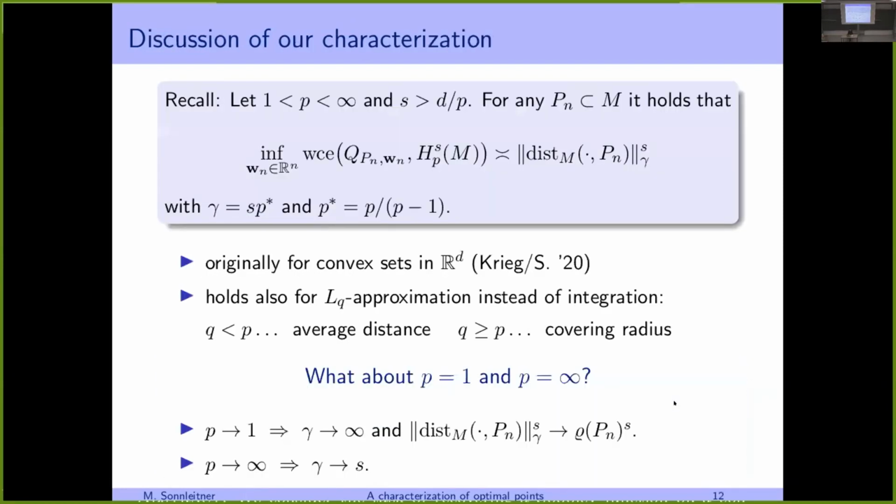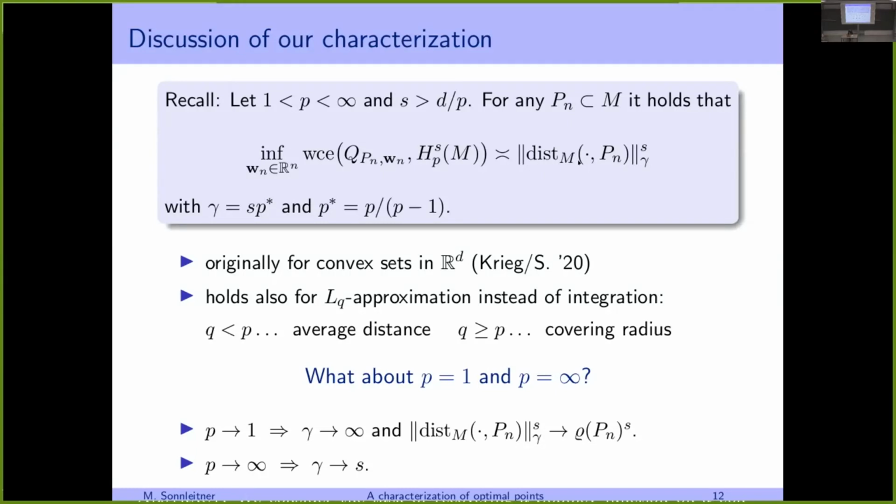So let me briefly discuss the result. Namely, we have the characterization here. Originally, in this precursor paper, we derived it for convex sets in R^d as our domains instead of manifolds. We also obtained a more general result for L_q approximation instead of integration, but I wanted to focus on integration for the sake of simplicity here.